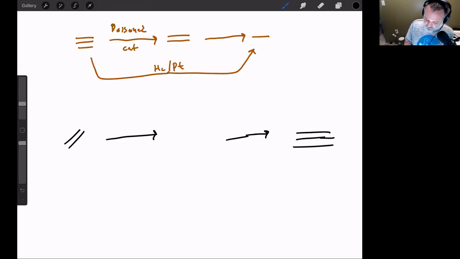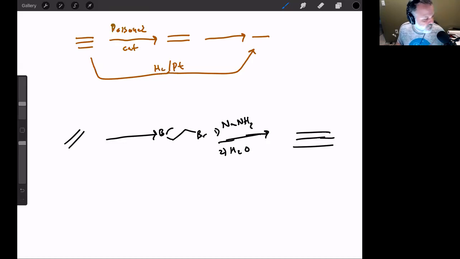Well, remember that it's going to be a reaction of sodium amide and water, and it's going to be from a geminal or vicinal dihalide.